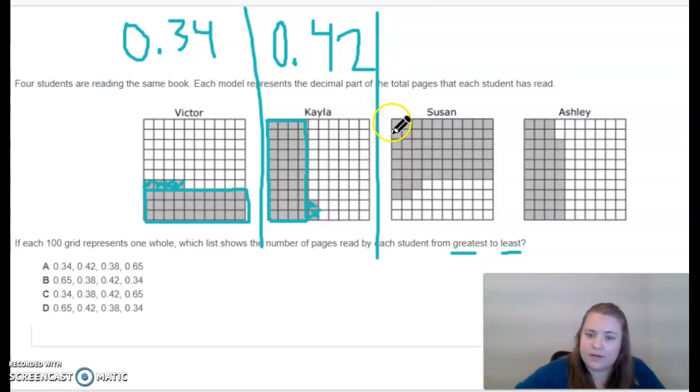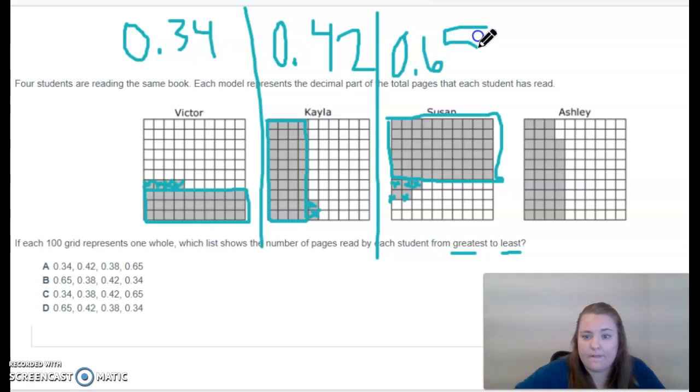Okay. Susan had 10, 20, 30, 40, 50, 60, 61, 62, 63, 64, 65 hundredths. So 0 wholes and 65 hundredths.